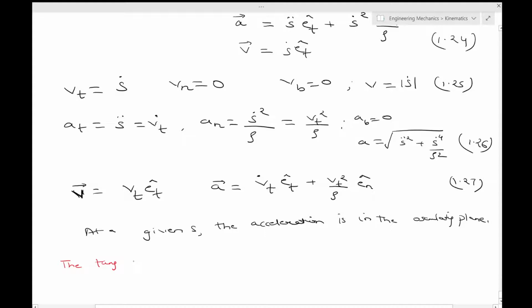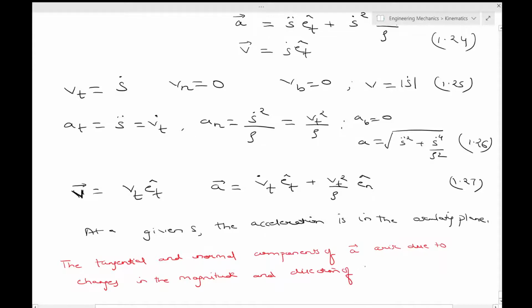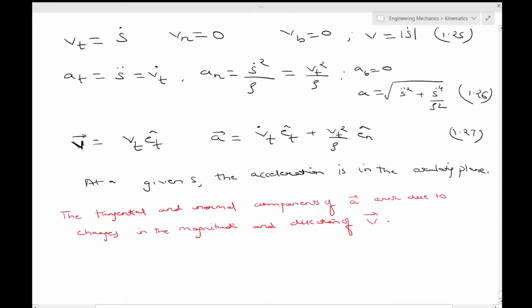The tangential and normal components of A arise due to changes in the magnitude and direction of V. So when you say a vector is changing, it automatically means that the magnitude and direction both can change, or one of them.